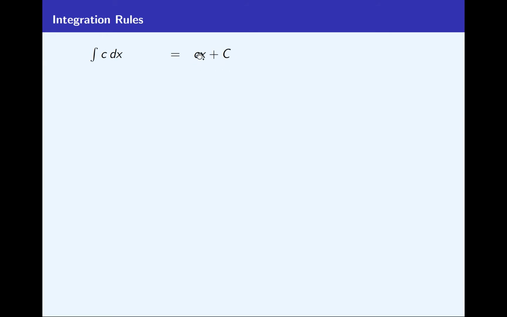And the reason this formula is true is that if you differentiate little c times x plus big C, you get little c. So for instance, the integral of 3 dx equals 3x plus c, and you can check that by differentiating the 3x plus c, and you get 3. That's right there between the integral sign and the dx.